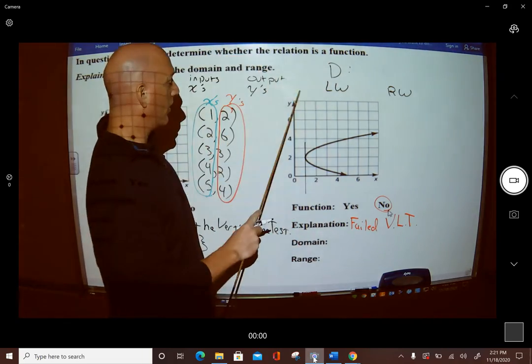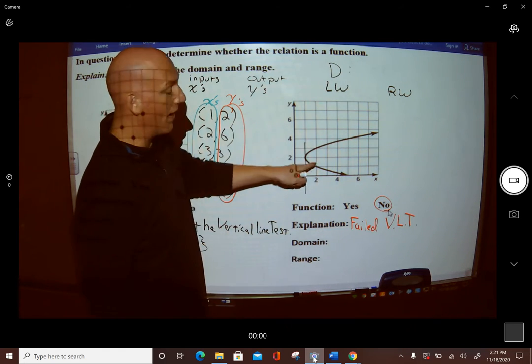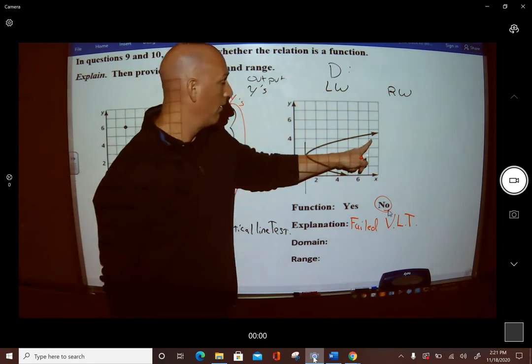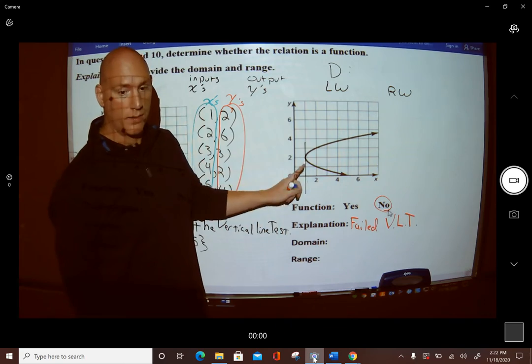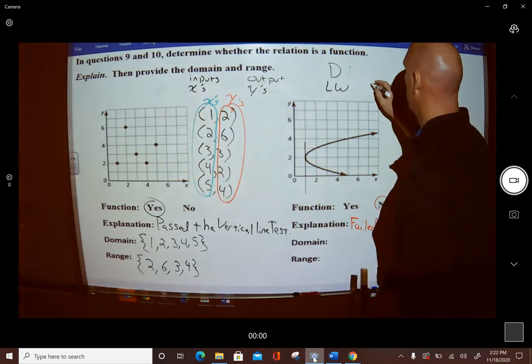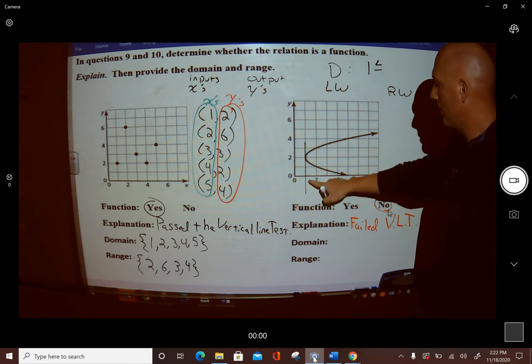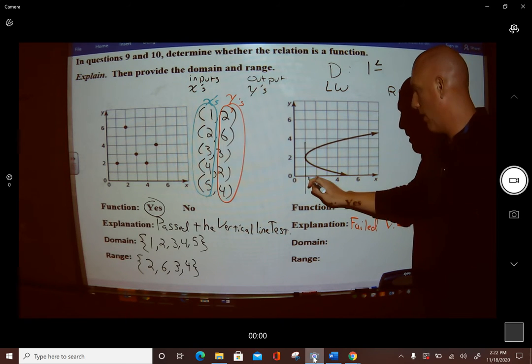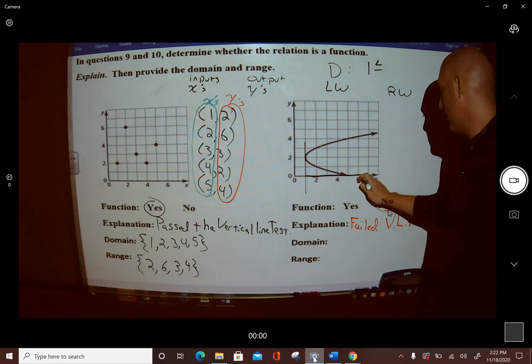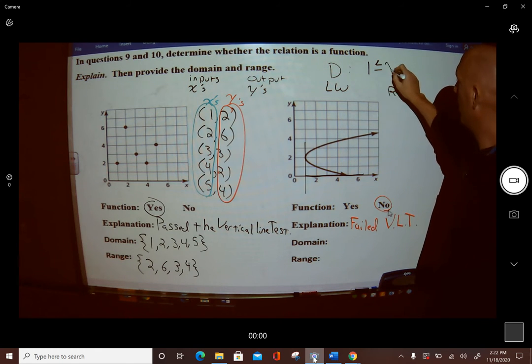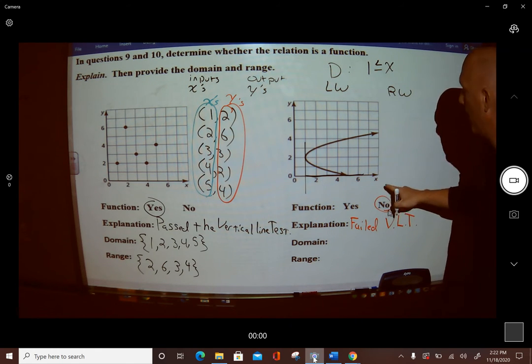I don't go by the graph system. I go by the picture that I'm looking at. This goes all the way over to 1. So my left wall is at 1. And that's less than or equal to every other x I'm talking about here. All of these x's.